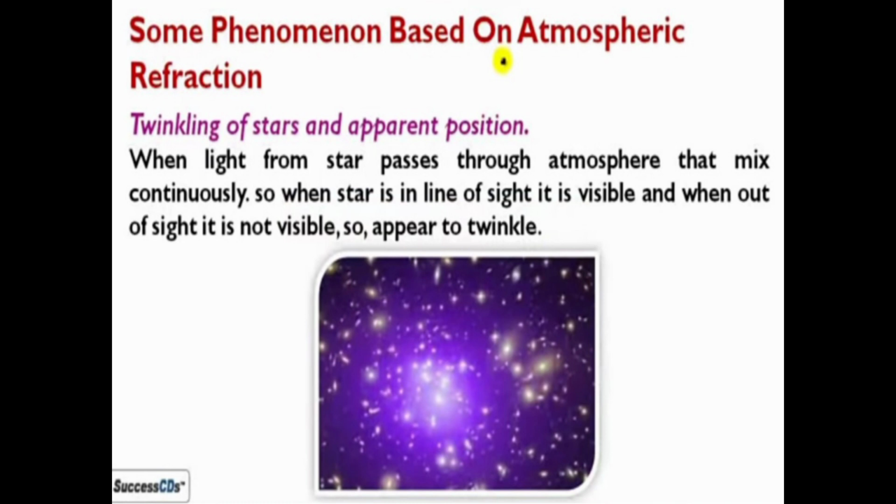So, as the path of the rays of light coming from the stars varies slightly, the apparent position of the star fluctuates, and the amount of starlight entering the eye flickers. What happens?